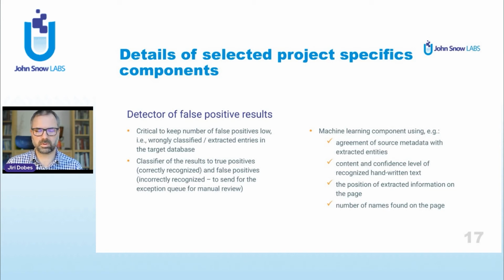Is it on top or on the bottom, or on the first page, or which page? Based on that, we trained a machine learning method which is able to recognize wrongly extracted entities.